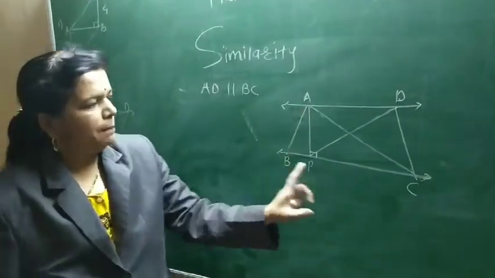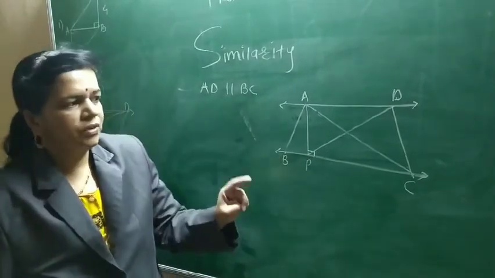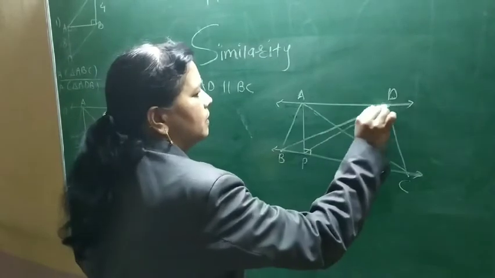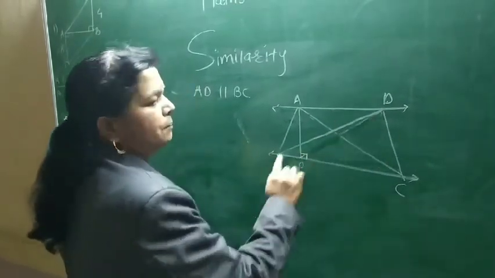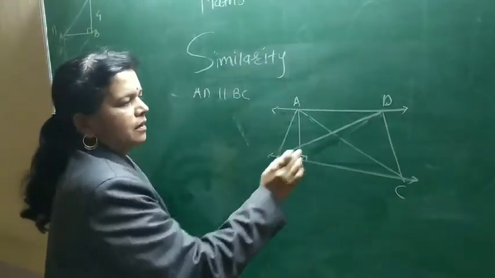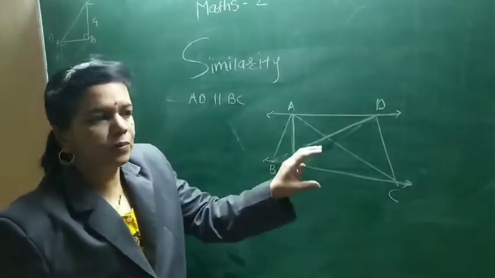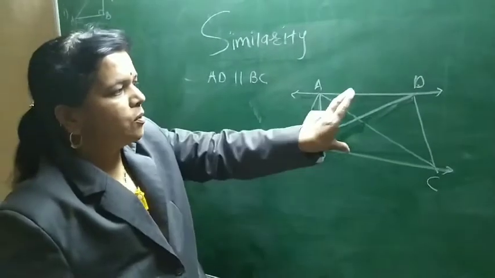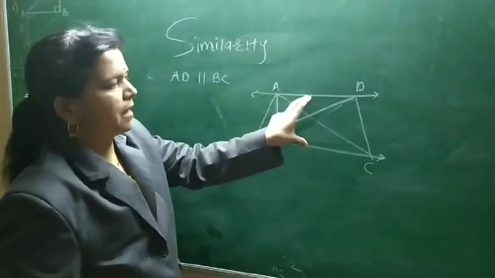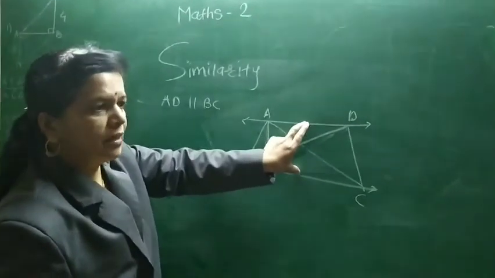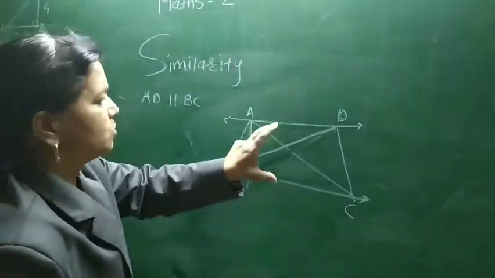Triangle ABC and triangle BDC. AP is the height of these two triangles. Why? Because these two lines are parallel and these two triangles lie between these two lines.